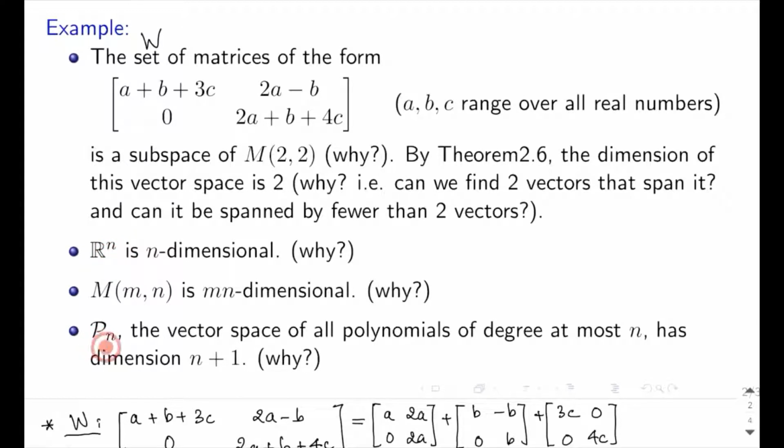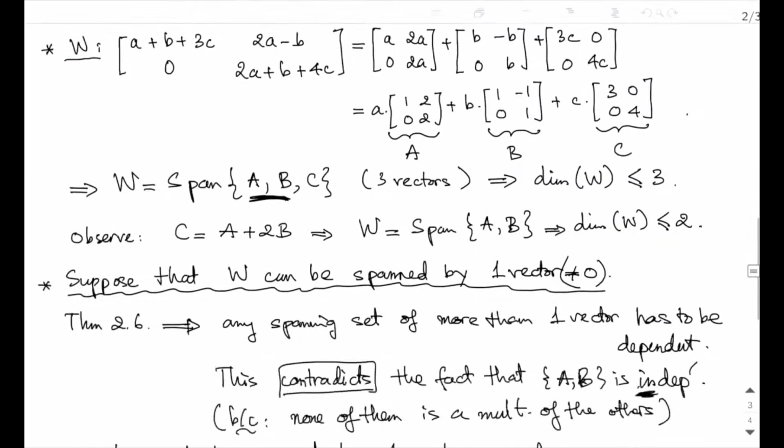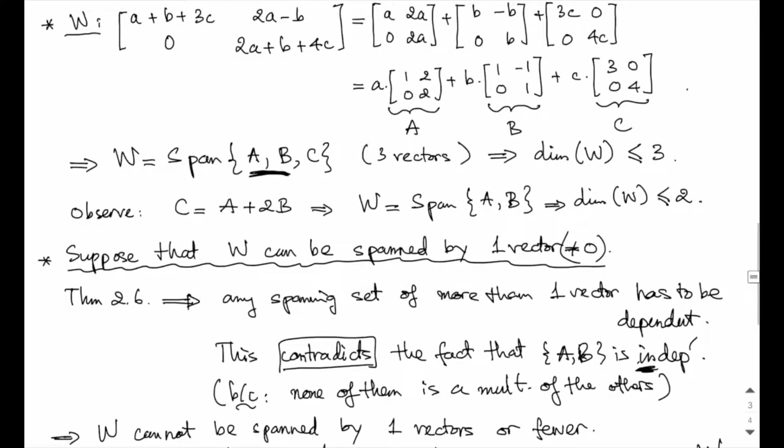For example, Pn is also denoted as P and then the number n, but this space is of n plus 1 dimension. So are you sure that this little number n is the dimension of the space? There is nothing for sure unless you can prove it. All right, so next I'm going to prove that Rn is n dimension.